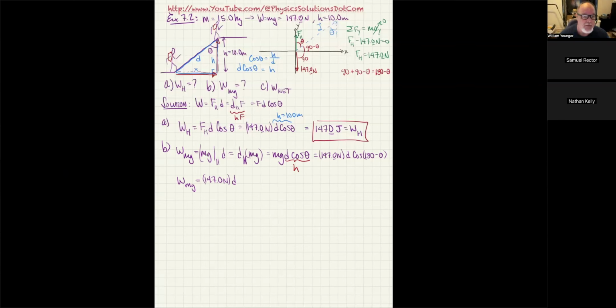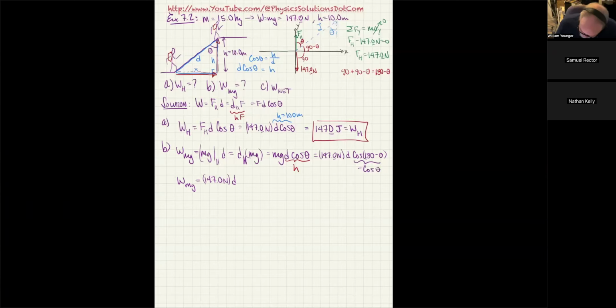I can pull up a trig identity. I'm actually going to do it on the web though. Cosine, let's do it this way. So when you do a sum of angles, the cosine of 180 minus theta turns out to be negative cosine theta.